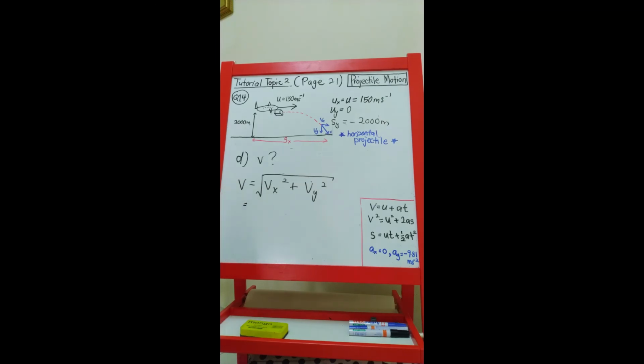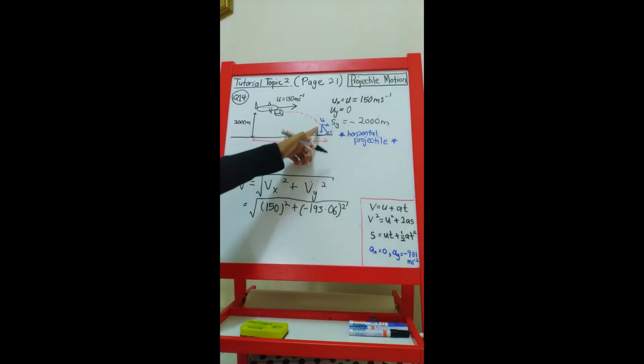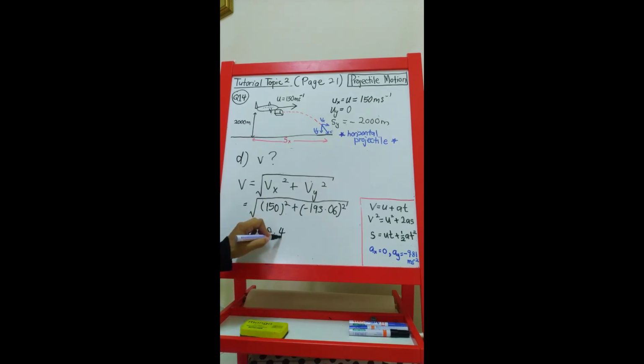Substitute the values that we obtained in part C. I forgot to emphasize the negative here. Why is it negative? Because vy is moving downward, so it has to be negative. Okay, so the answer is 248.45 meters per second.